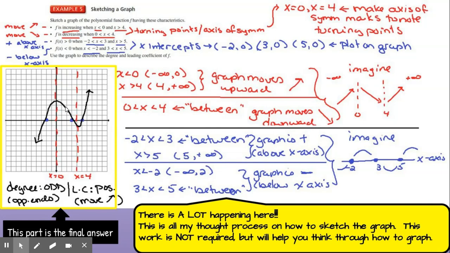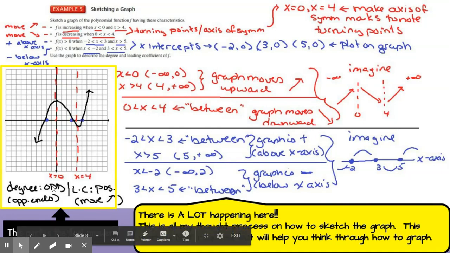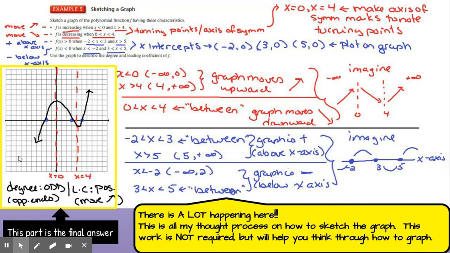And then you just keep flowing to the next either intercept or axis. So I know this is an odd degree because I have opposite ends. One was towards the negatives, one's towards the positives. And I know the leading coefficient is positive because it's moving in an upward motion from the left to the right. I started in the negatives, I end in the positives.